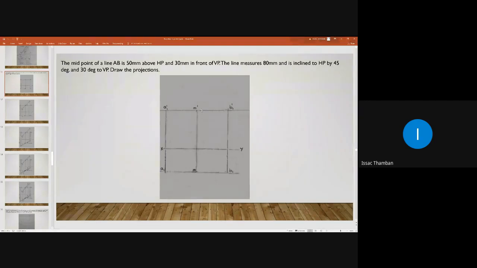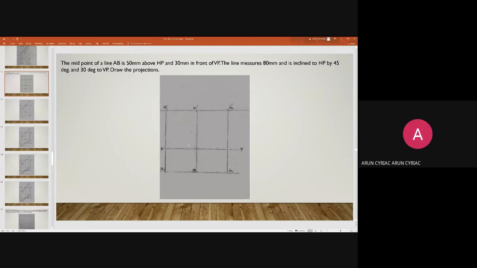So here we have got the position of the midpoint. You draw a horizontal line through point M dash and another horizontal line through point M, so that you will get these two lines. Have you drawn those horizontal lines?